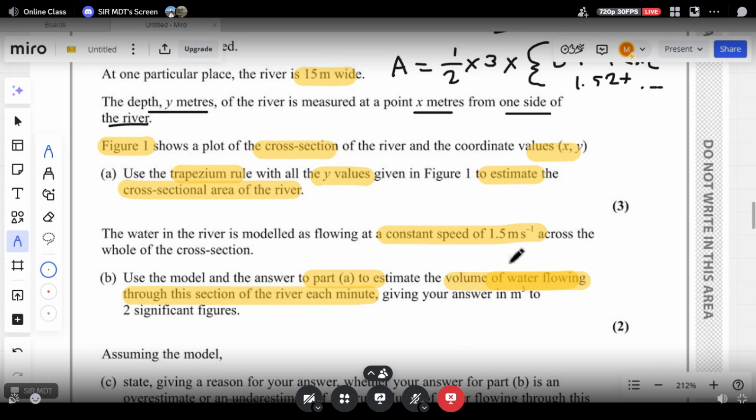So with the speed, if you multiply the total time, 60 seconds, with 1.5, you are getting the length of the river that has been flowed by the volume of water.